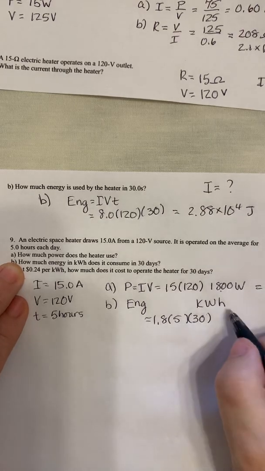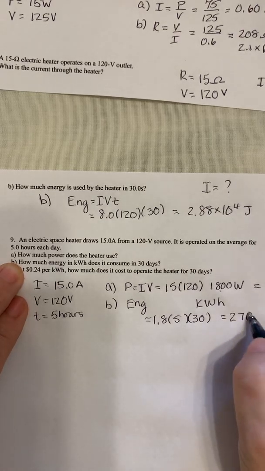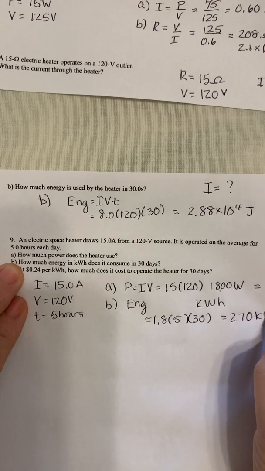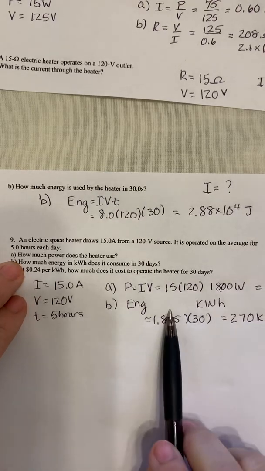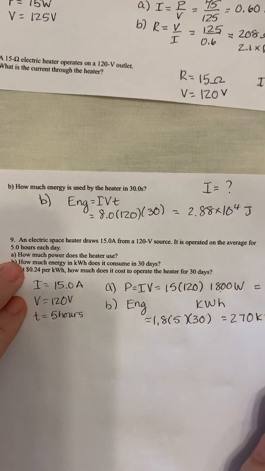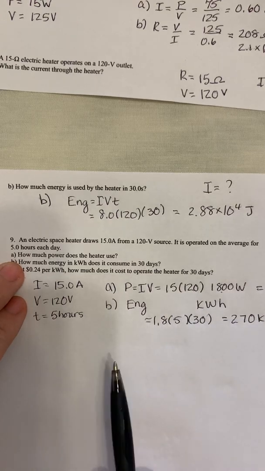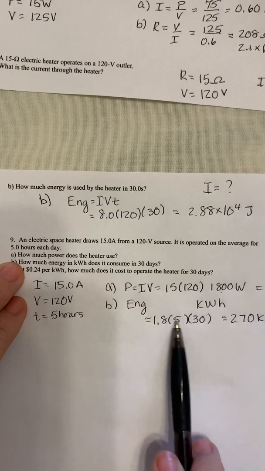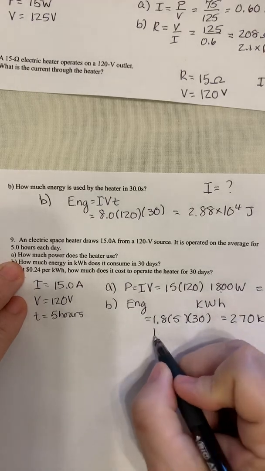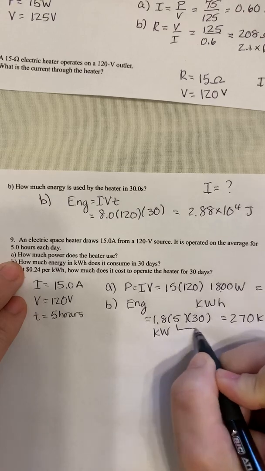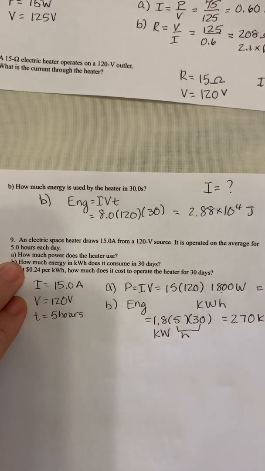So 270 kilowatt hours. So what I did, guys, was I converted this to kilowatt hours. There were 30 days, they used it for 5 hours. So 30 times 5, so this is kilowatt, and this is hours. This is a total hours.